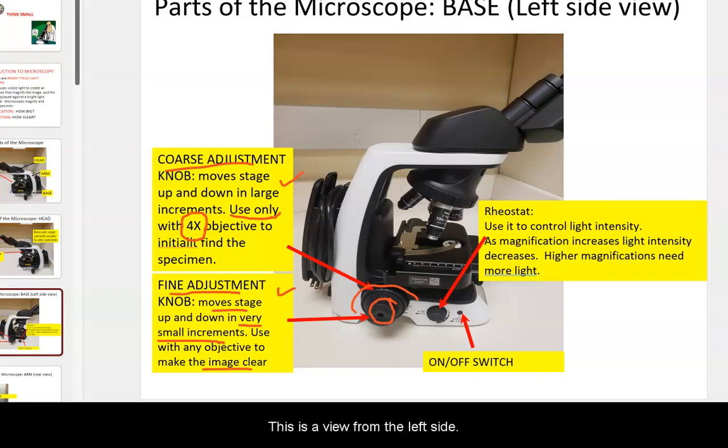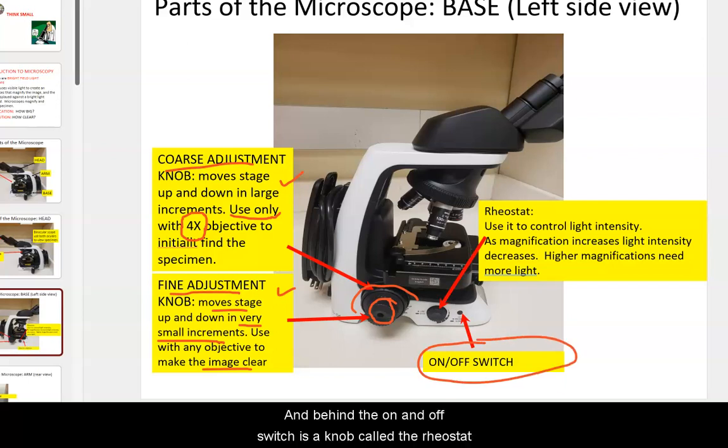Also on the left side of the microscope, we have the on and off switch. Behind the on and off switch is a knob called the rheostat, which controls the amount of light that is going through the specimen. Typically, the rheostat is left closed when the microscope is stored.